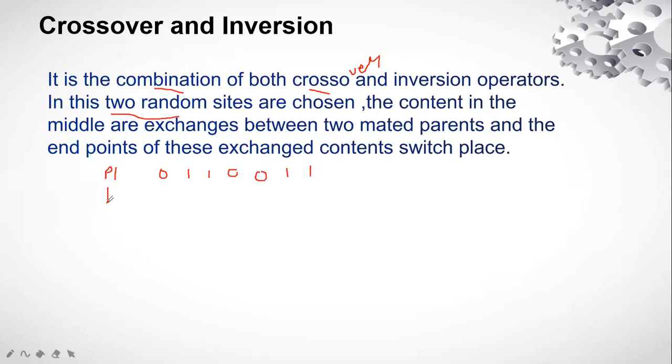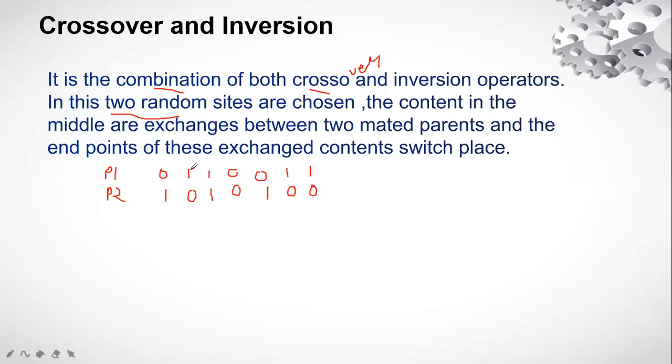Let's take one more string that will be called parent 2, named P2. We can take any string: 1 0 1 0 1 0 0 0 0. Fine, these two are the parents.